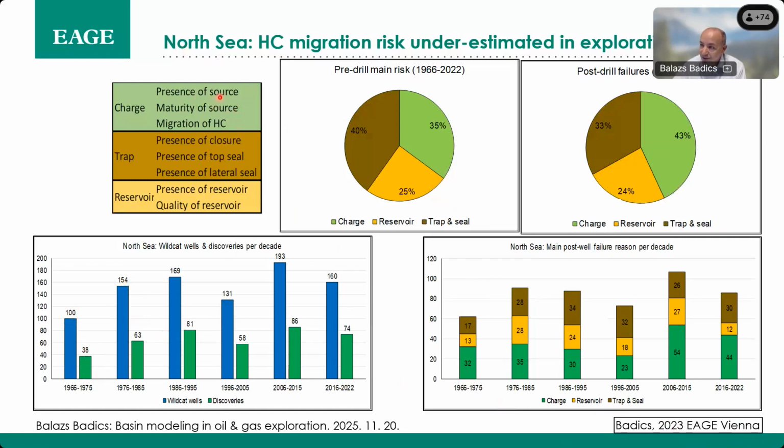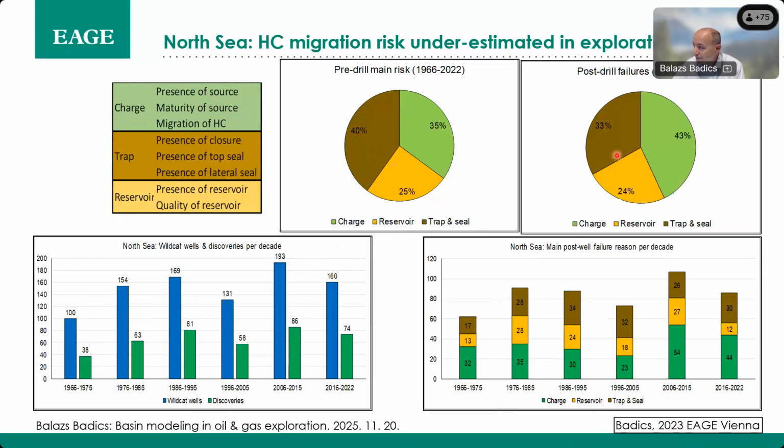Was it the charge, which is presence of source rock, maturity of source rock and migration, or presence and quality of trap and top seal, or presence and quality of reservoir? And basically, if you look at all these wells, I don't know how many altogether, like 1,000 or so, before drilling, most companies assumed that either reservoir or trap are the main risk.